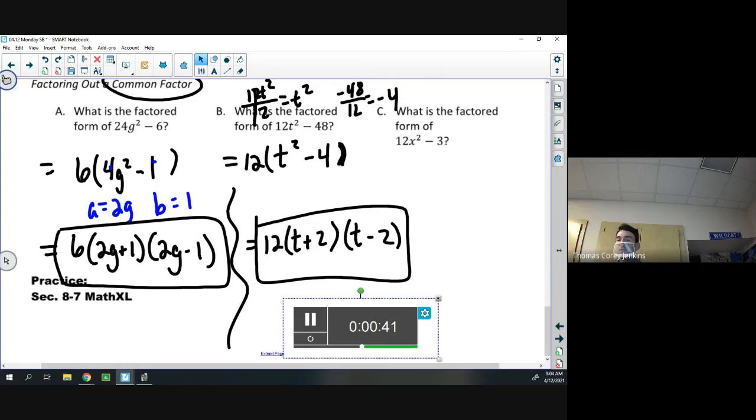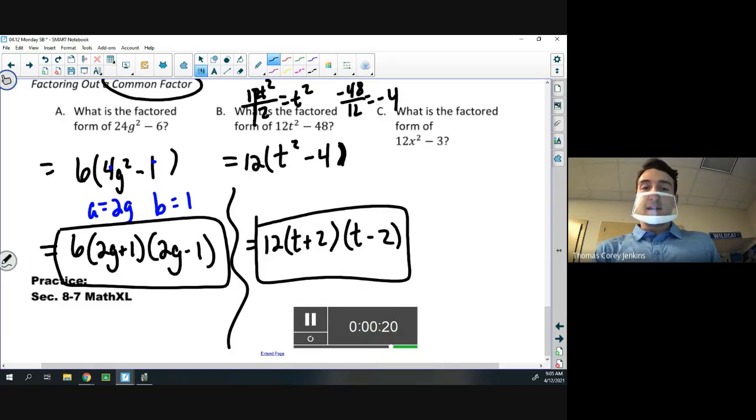Feel free to even if you have no idea what to do, right? Feel free to ask somebody around you. Sometimes you gotta fake it till you make it. And remember what your final answer is going to look like. It's going to have 3 factors, right? It's going to have a constant and then 2 binomials, right? 1, 2, 3.